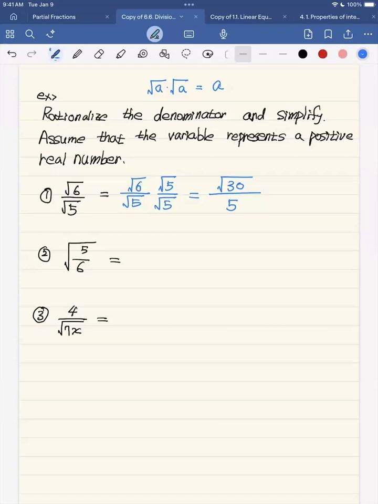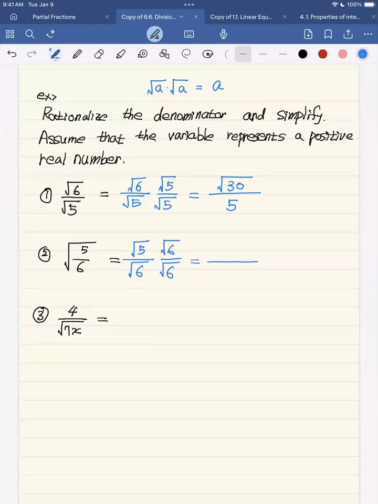In the second problem, we have square root of 5 over 6. So we want to separate the radical sign to the numerator and the denominator. And then what we want to do is multiply by the same number in the denominator to the numerator and the denominator.